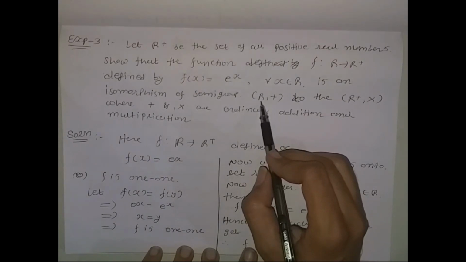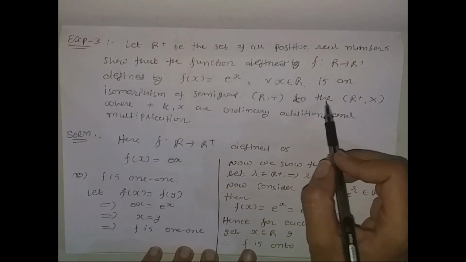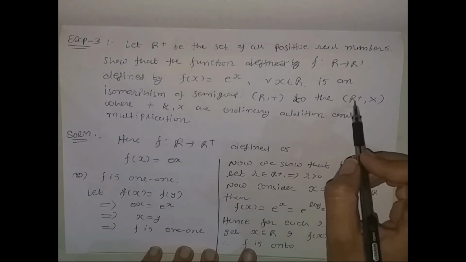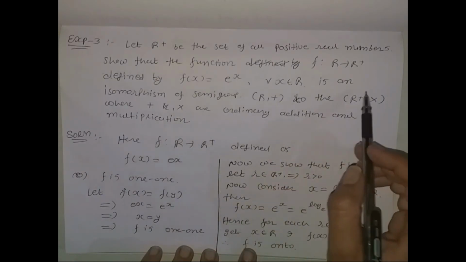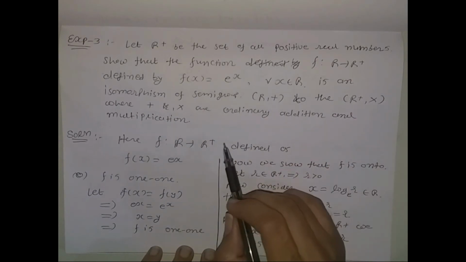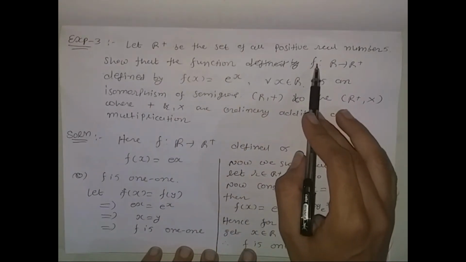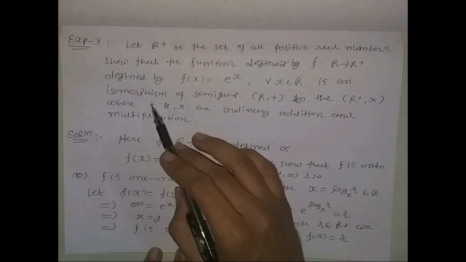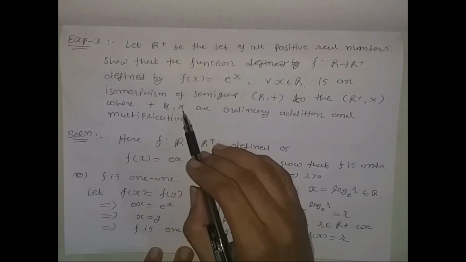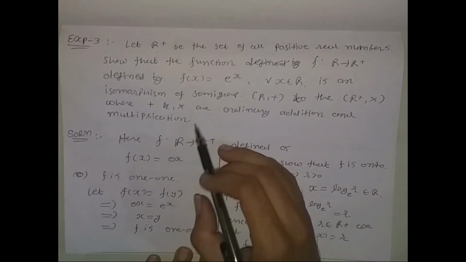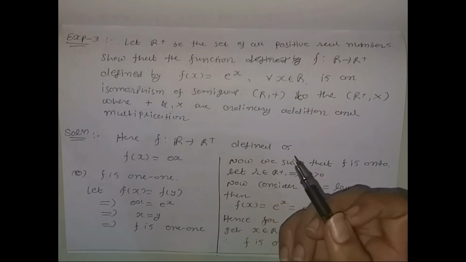The set of all real numbers with addition and the set of all positive real numbers with multiplication are isomorphic semigroups with this map f, where plus and product are the ordinary addition and multiplication.